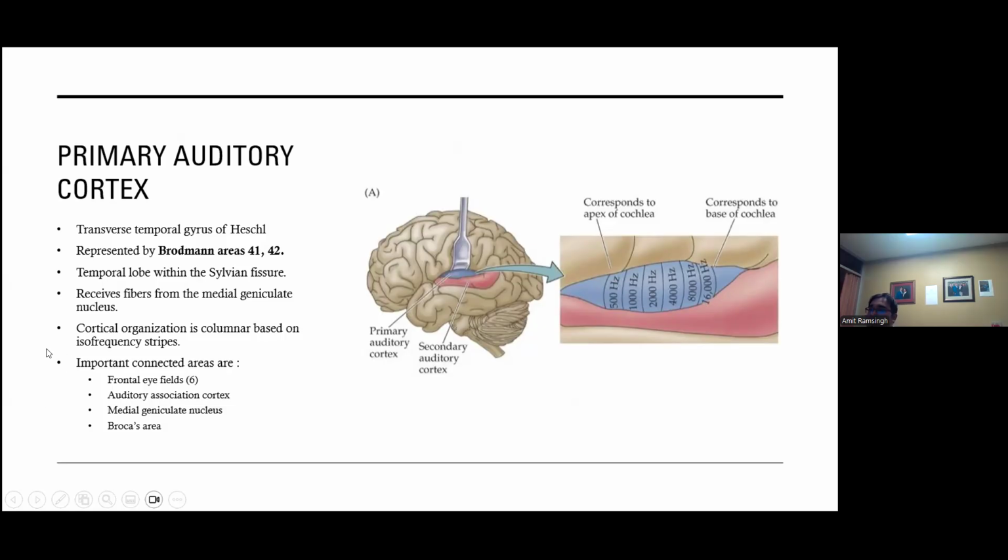Note that the primary auditory cortex is connected to different areas, such as your frontal eye field area, which is subserved by Brodmann's area 6 as well as 8, the auditory association cortex just adjacent to your primary auditory cortex, the medial geniculate nucleus, as well as Broca's area.